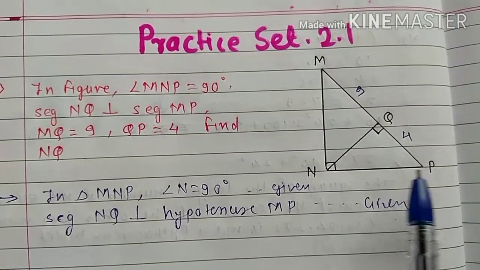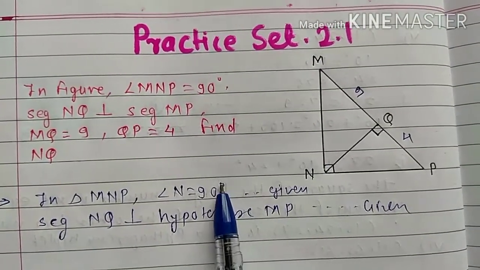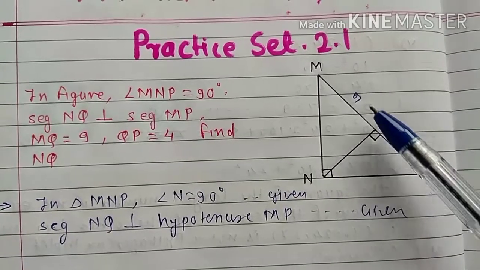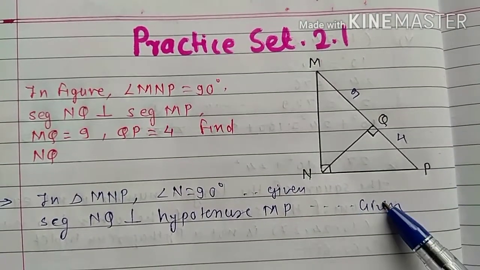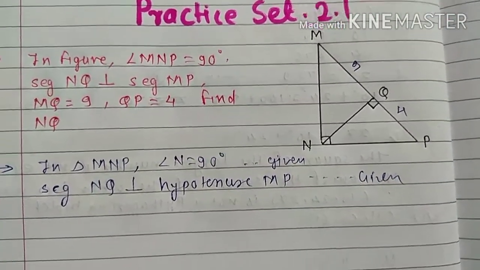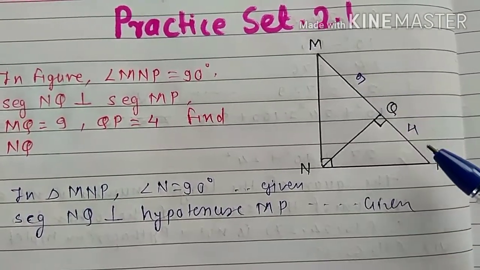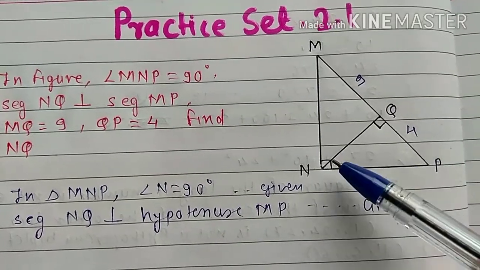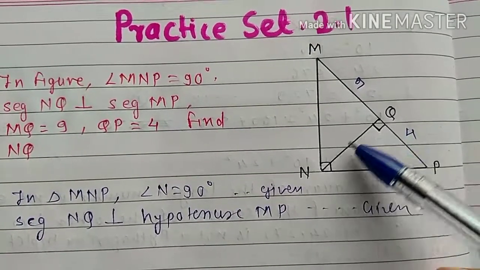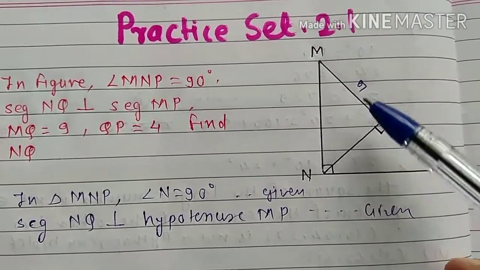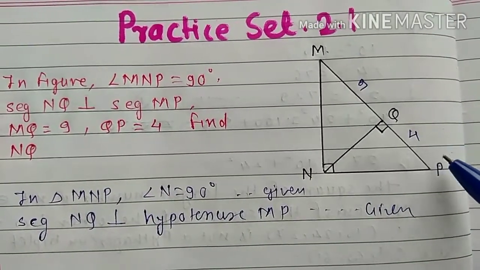What is given? In triangle MNP, angle N is equal to 90 degrees, given. Seg NQ is perpendicular to MP, given. Therefore, in the right angle triangle, NQ perpendicular to MP, this NQ is the geometric mean of MQ and QP.